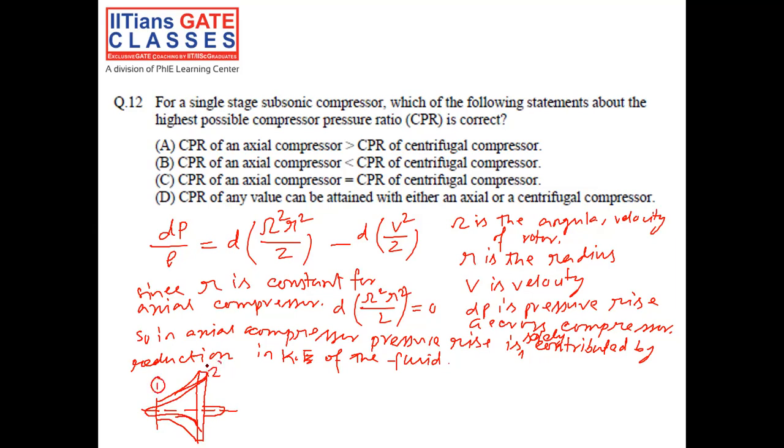This is the outlet of the rotor, and you can see that the radius of this rotor is actually varying. So r is not constant for centrifugal compressor. So in case of centrifugal compressor, this pressure rise is contributed by both of these terms, that is by d of omega square r square by 2 term, as well as d of v square by 2, which is reduction of kinetic energy.